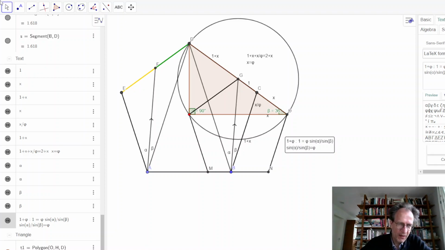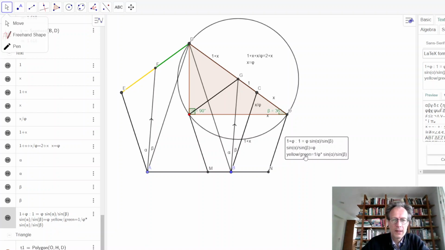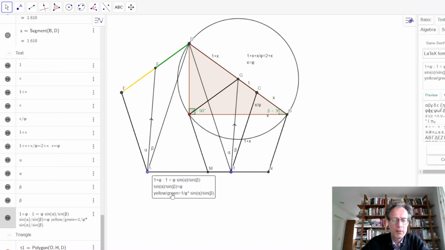And now we're going to come at the proportion of yellow to green, yellow divided by green, equals the proportion of the sides, so 1 divided by phi, times, again, sine alpha divided by sine beta. Yeah, let's put it over here.